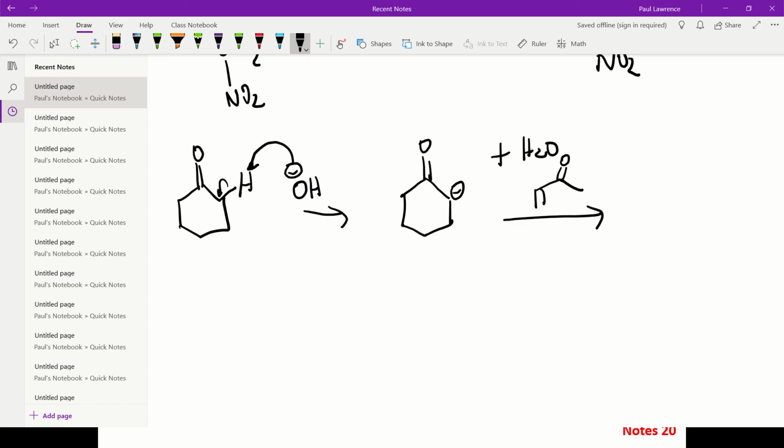So the enolate is going to attack the beta carbon. It's going to attack as the 1,4 addition. It's going to be a Michael addition. So we see it's going to attack like so. Those electrons go there, and those go on the oxygen.